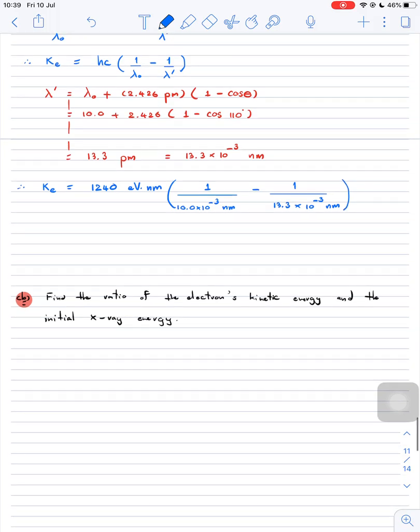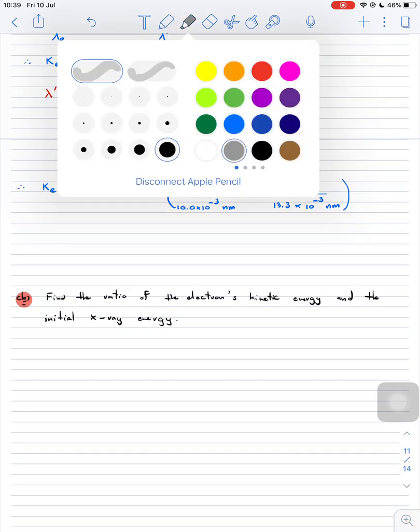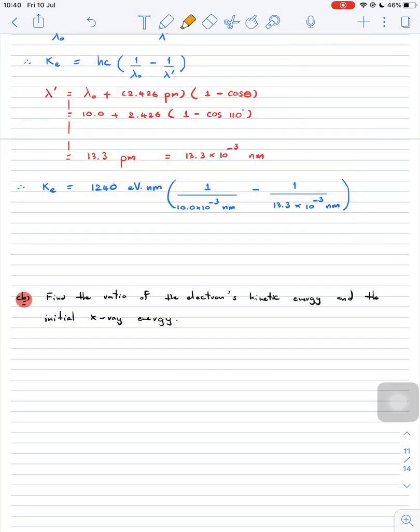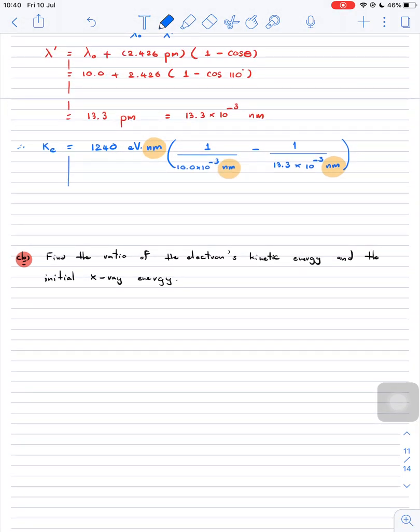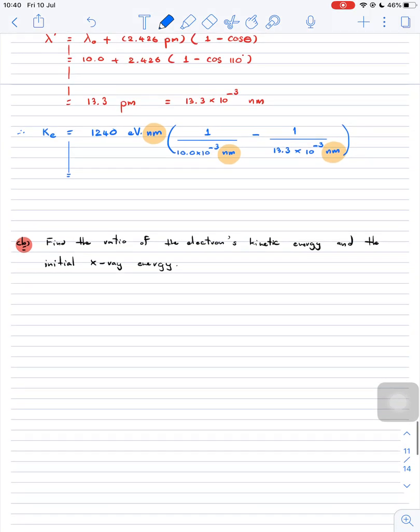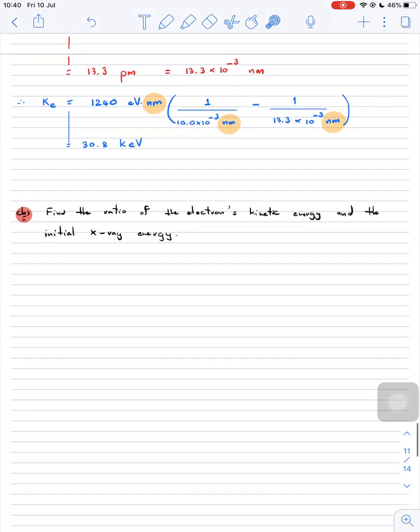You can see that the nanometer unit cancels out, so we can just use the calculator. Then finally you get that the relativistic kinetic energy of the electron is equal to 13.8 kilo electron volt, or 10 to the 3 times electron volt.